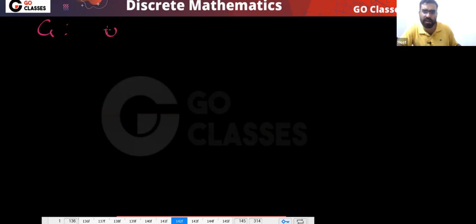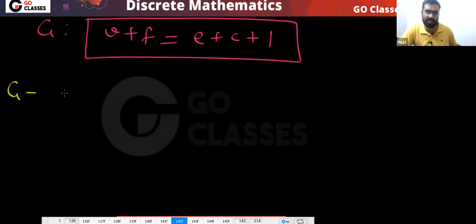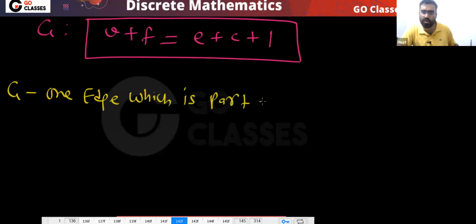Let's assume this is your planar graph, and in this graph you have V plus F is equal to E plus C plus 1. Now, from this G, I am removing one edge which is part of some cycle.